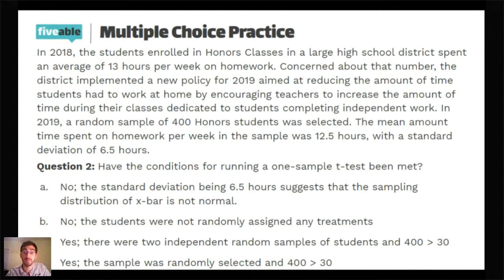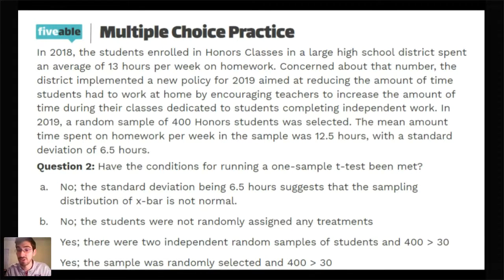They only took a sample in 2019 because the 2018 data was for the entire population. So if this was a situation where we took two samples of individuals in the different years and had the sample data from the two separate years, that's when I need to ensure that they were independently chosen random samples of students, with each being bigger than 30. But for a one sample t-test, I care about my single sample being bigger than 30.